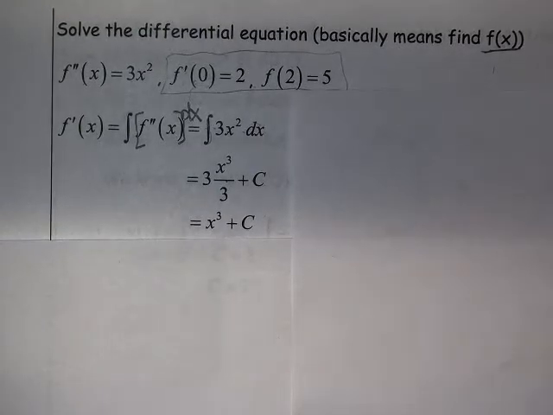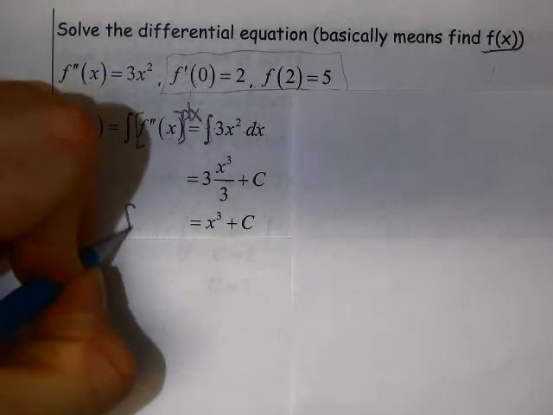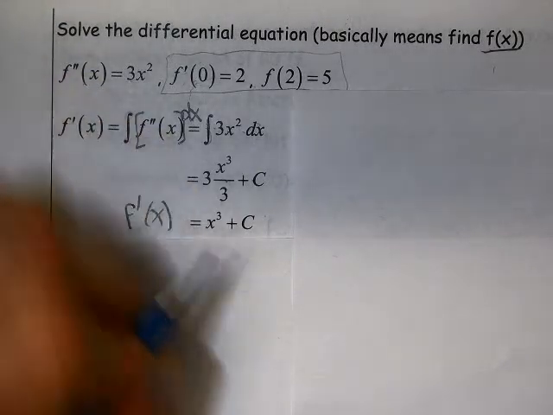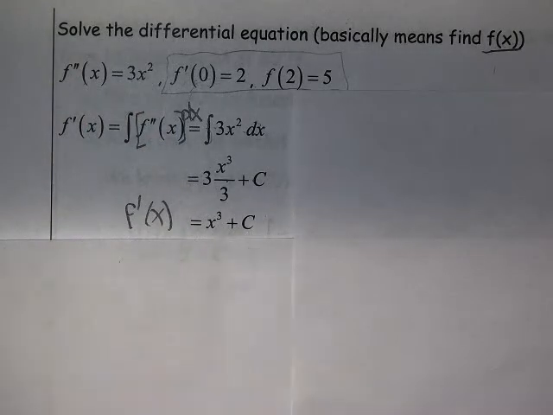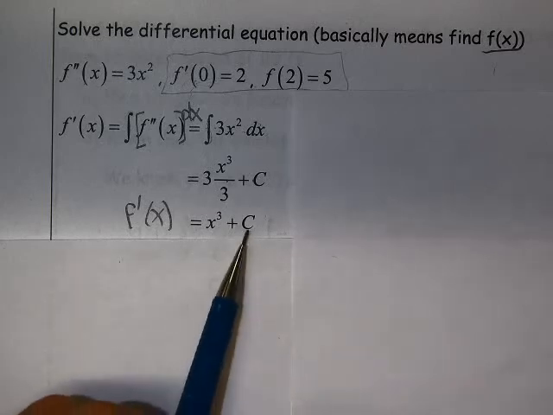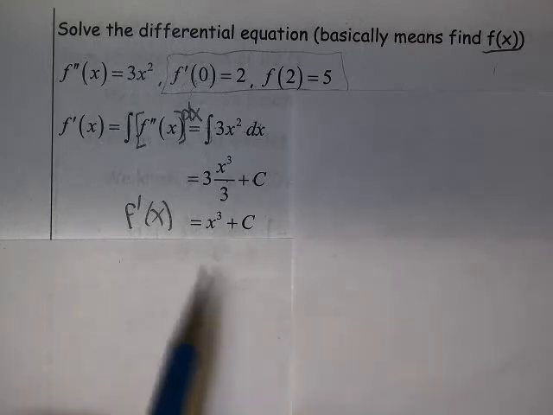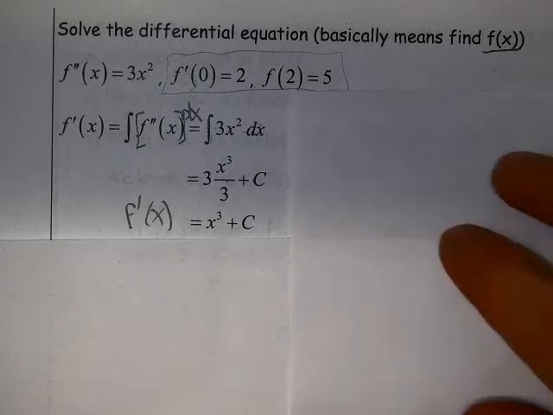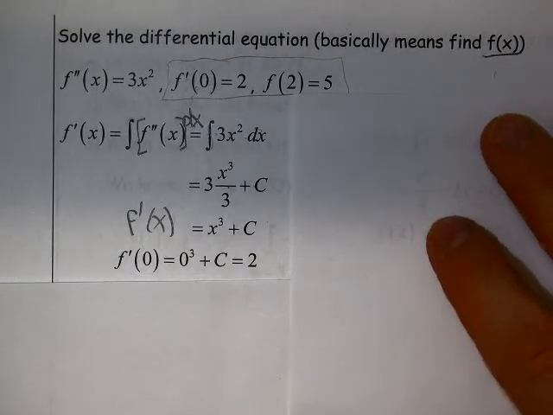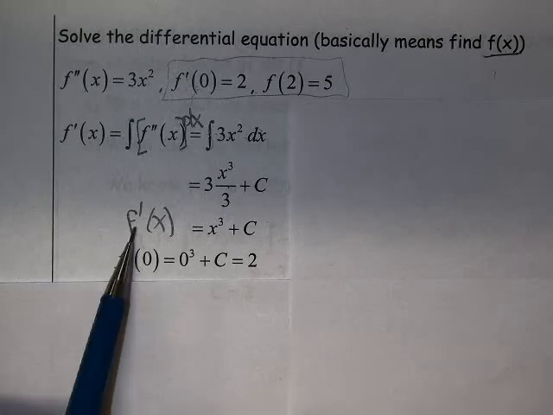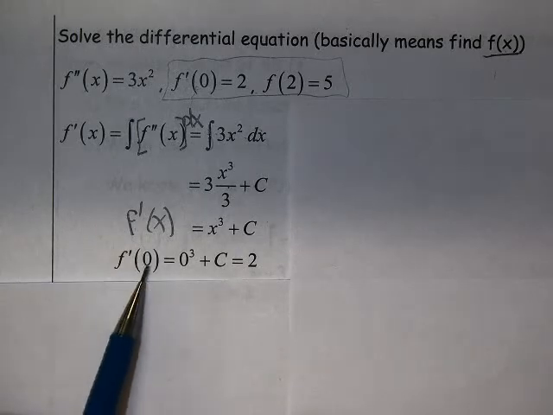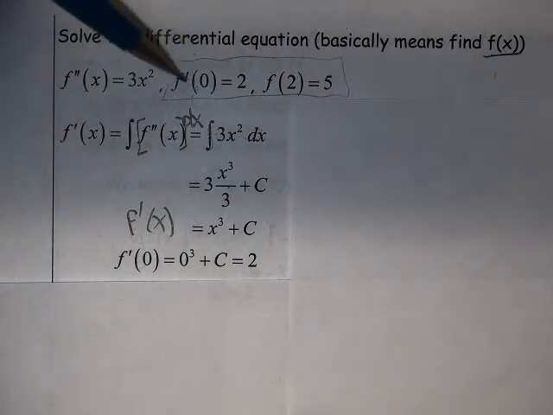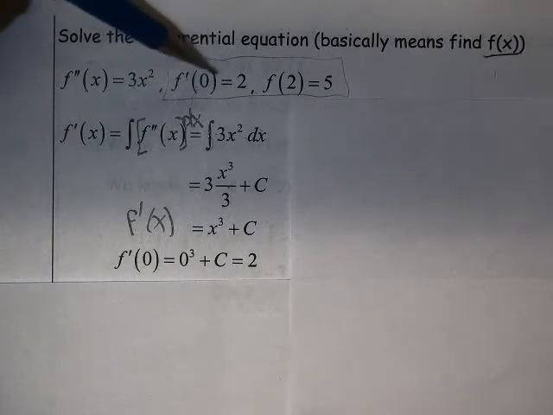So what we have now is we know that f prime of x equals x cubed plus some constant. This is not unlike if I know the slope of a line and a point, but I don't know what the y-intercept is, and that's what I want to find. I have to solve for c. So how do I solve for c? Well, they did give me f prime of 0 up here as part of the information in the initial problem.